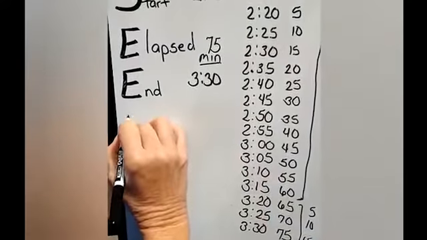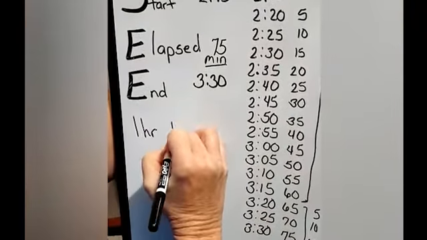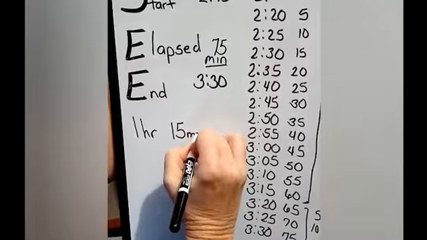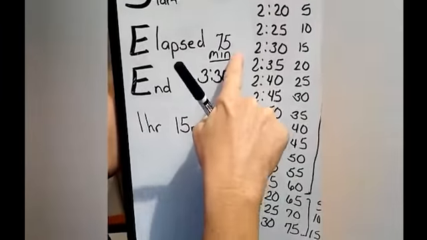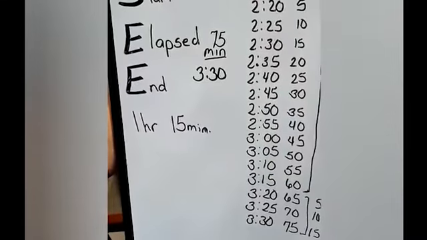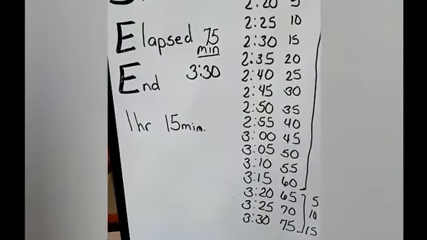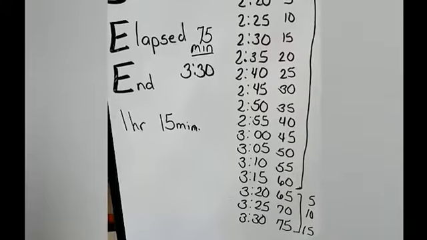So I could have said she practiced for 1 hour and 15 minutes. Is 1 hour and 15 minutes the same thing as 75 minutes? Think about that and you decide.